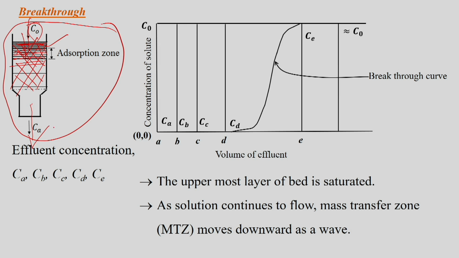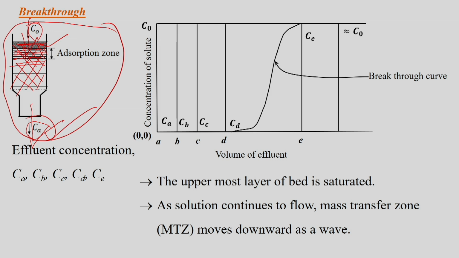So, in the beginning, the target component concentration in the exit, or the effluent, will be 0, because we have selected the adsorbent so that it can trap the adsorbate fully. So, in the beginning, the effluent will contain 0 amount of this target component.